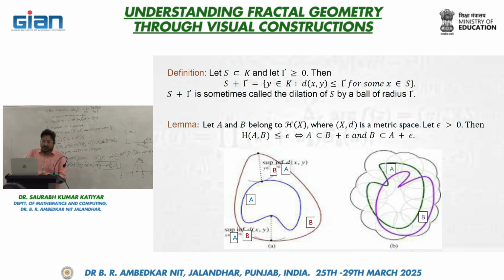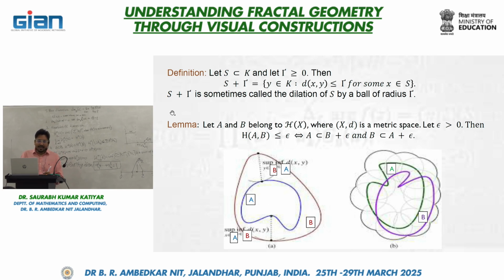Then we will go a little more further and we have one definition and one lemma. Let S be a subset of K and let gamma be greater than or equal to 0, then S plus gamma. So what we are doing is the dilation.